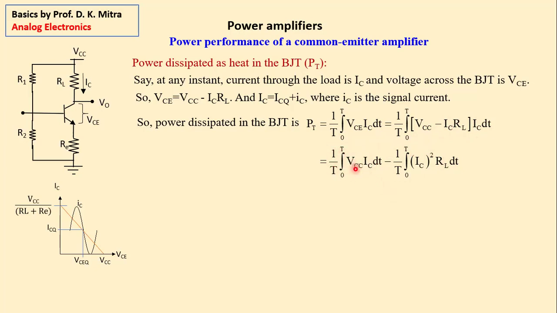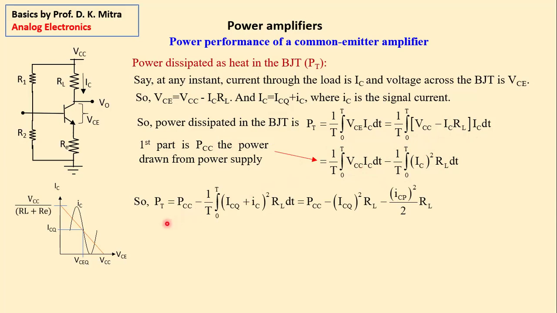Average of VCC IC is the power drawn from the power supply, right? So the PT will be PCC minus this term.